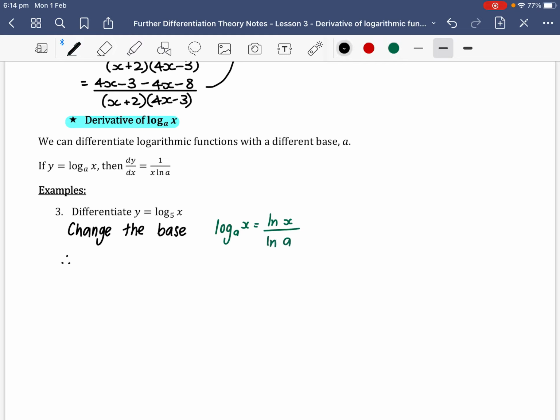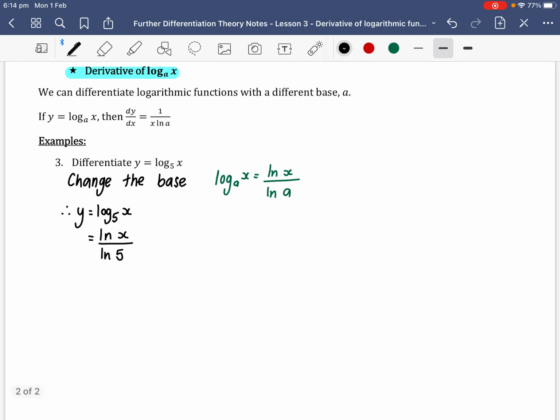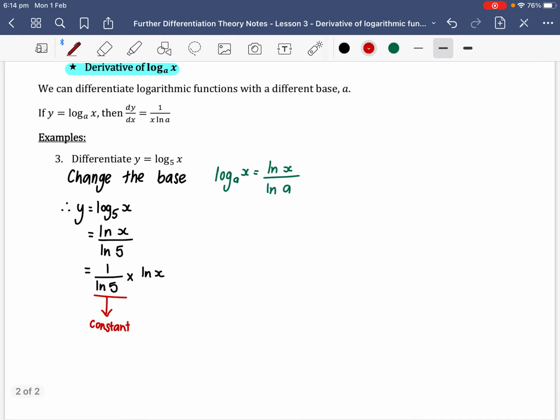And so therefore, we'll have y equals log base 5 of x equals ln x over ln 5. And what we're going to do is bring the ln 5 out the front. So this will be equal to 1 over ln 5 times ln x. And the reason we do this is because 1 over ln 5 is a constant. So it will stay the same.